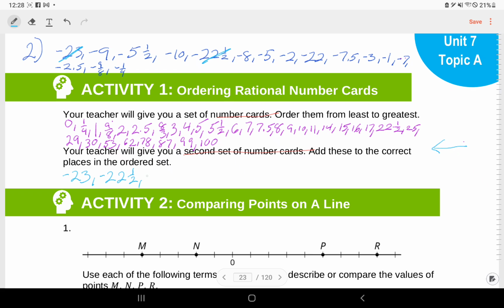Well, then -22. Well, then there's no -21s, -20s, -19s, -18s, -17s, -16s, -15s, -14s, -13s, -12, -11s, but we do have a -10.